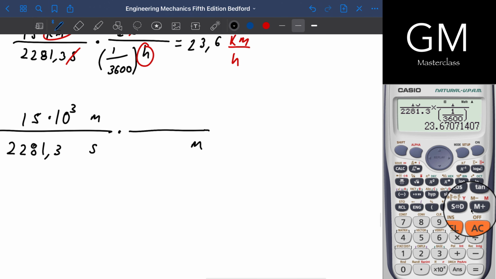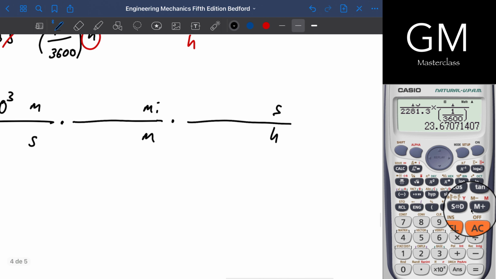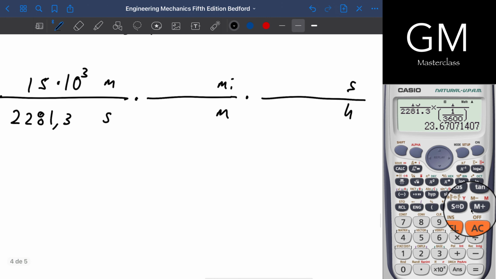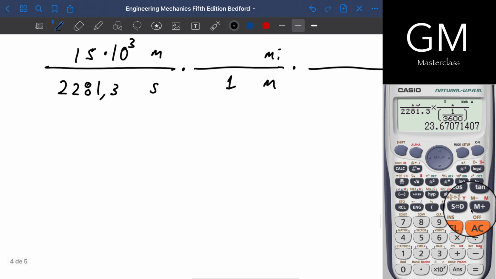The meters to miles, and then I'm going to multiply that by seconds and hours. So the equivalence between meters and miles is that 1 mile is equal to 1,609.34 meters.